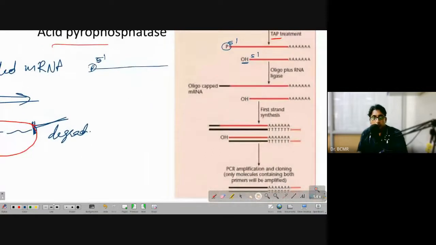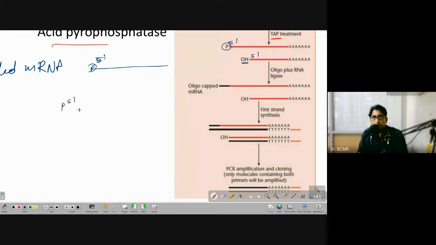But for a ligation reaction to happen, if you remember, we would need a 5' phosphate and we need a 3' OH. Only then will you have a phosphodiester bond forming between these bases.